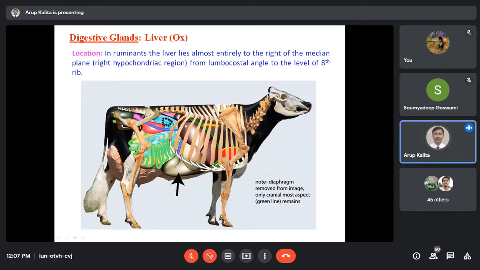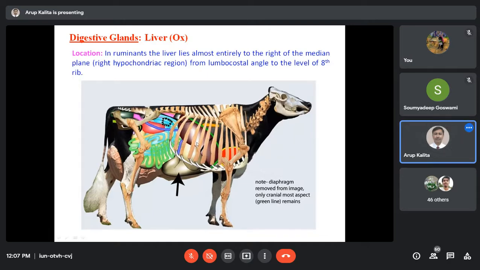Okay. So what is the location of the liver? The liver is located in the right hypochondriac region of the abdominal cavity, which extends from the lumbocostal angle to the level of the 8th rib. For the 8th rib, you cannot count from the front side, you have to count from the back side. So this is 1, 2, 3, 4, 5, 6, 7, 8, up to the 8th rib.